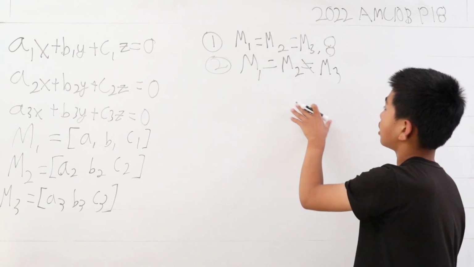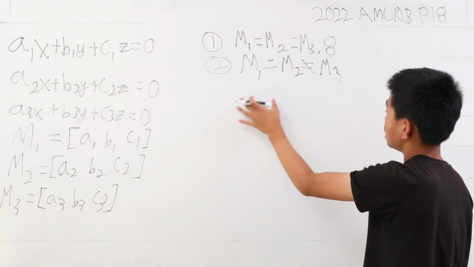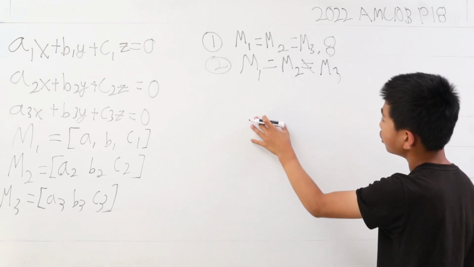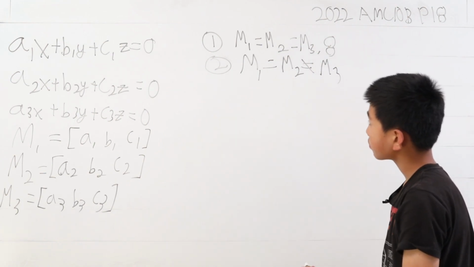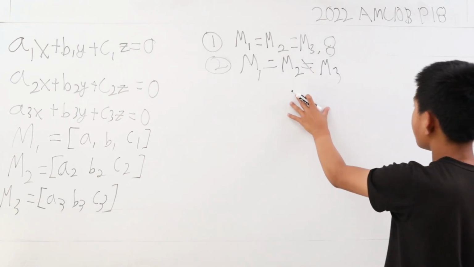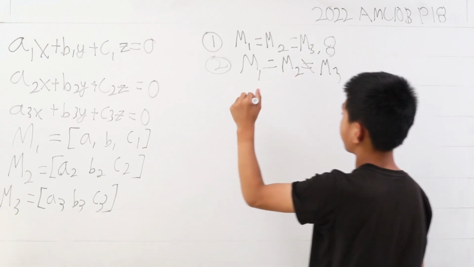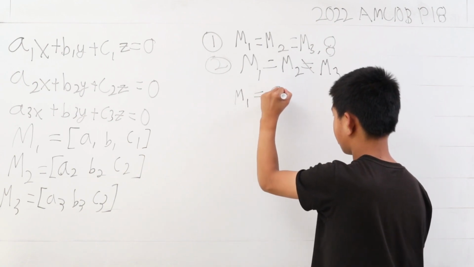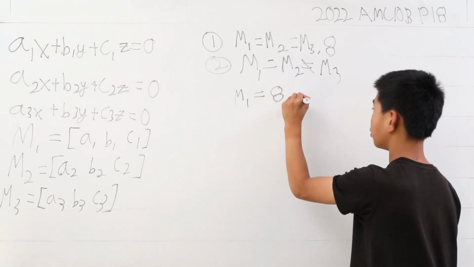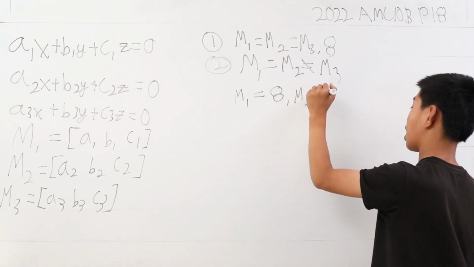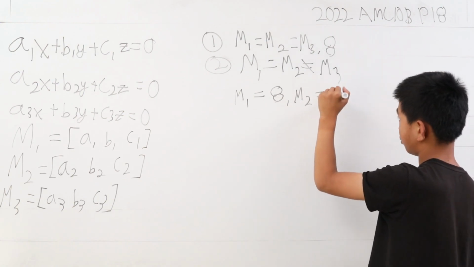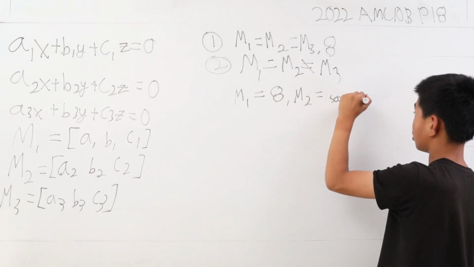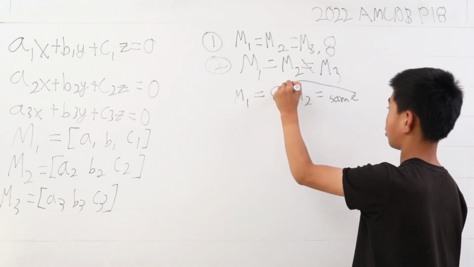I'm just writing it like this, but it can be switched around two other ways. So the number of ways this can happen: let's start with M1. M1 has 8 solutions. M2 also has 8 solutions, the same amount.